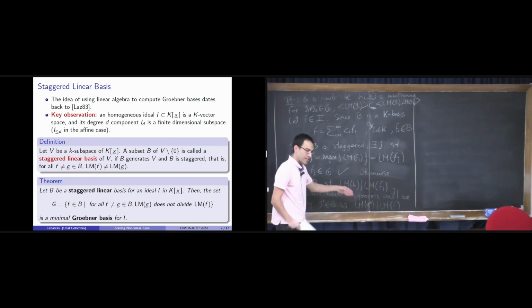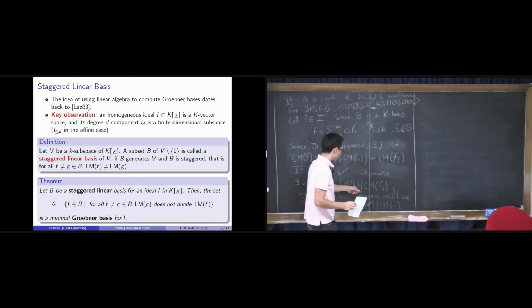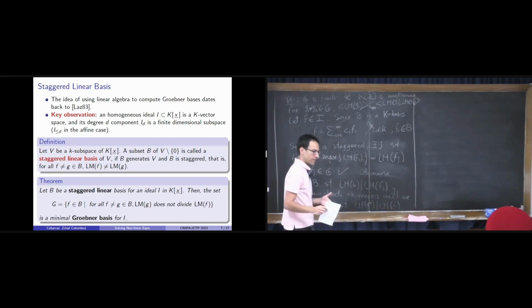This process will stop at some point because we're talking about a total order and a well order. It's a well order, so this cannot go on forever. You cannot find monomials that divide and divide and divide and never get to actually a polynomial in G.